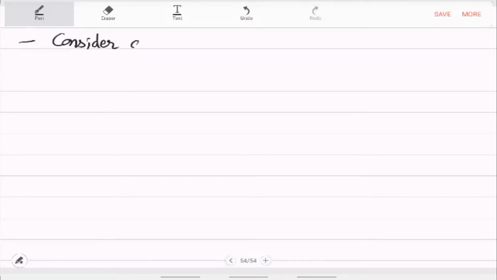So let's think of a monotone function which seems hard. Consider a hard monotone function, and a good example is this NP-hard problem called K-Clique.